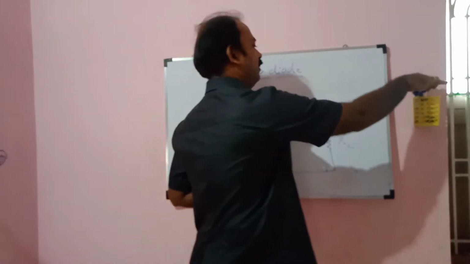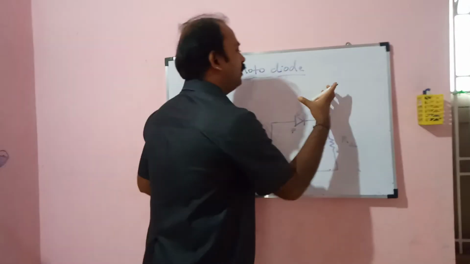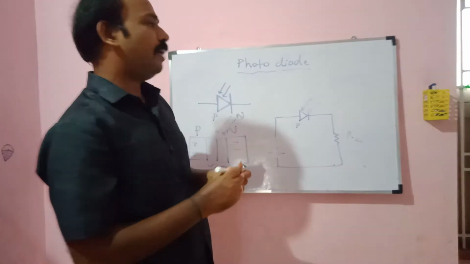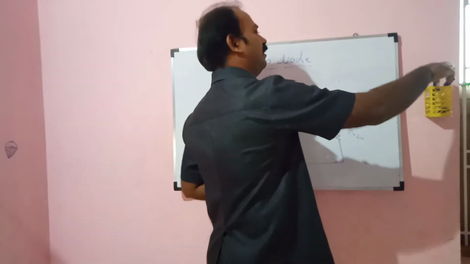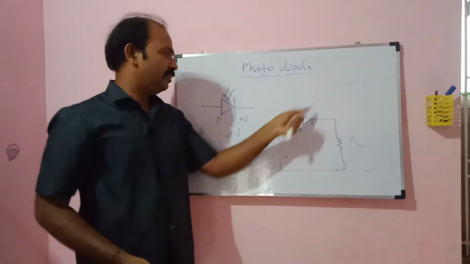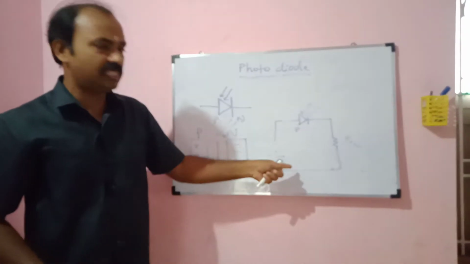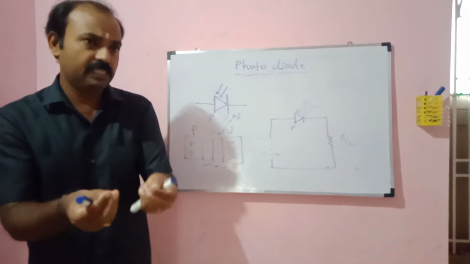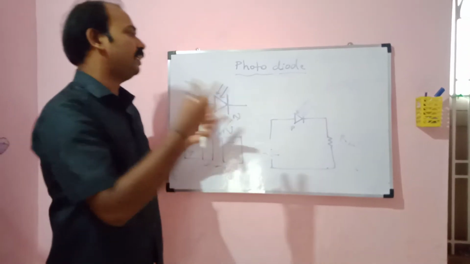So dark current is there. In the absence of external light, there is a formation of a small reverse current, that is dark current.